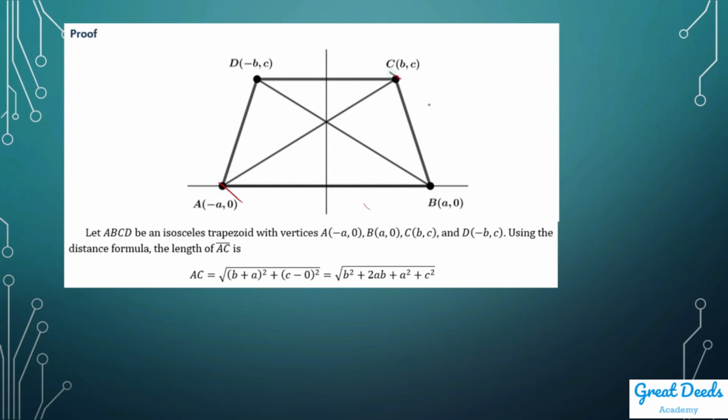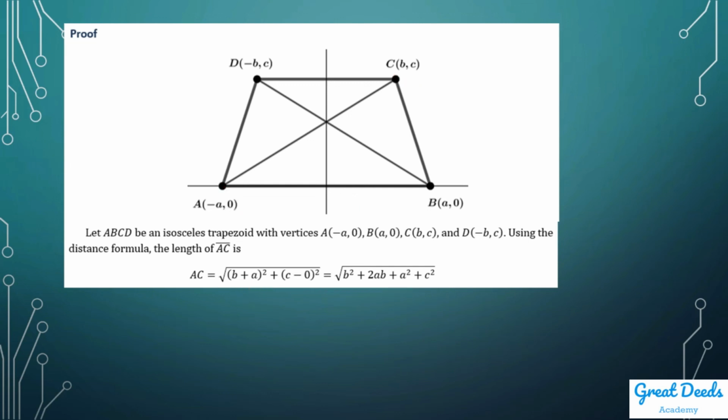That is AC, is equal to the square root of b minus negative a, and then you square it, minus negative a, so it becomes b plus a, plus the y coordinate c minus 0, and then you square it. Now that is the same as this one. This is the square of a binomial, and so you will just expand it: b plus a times b plus a.